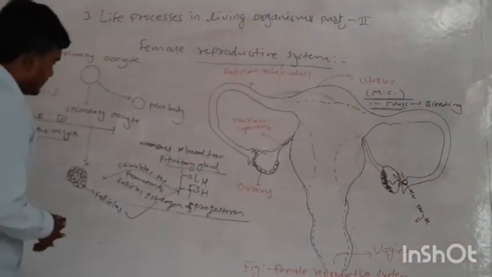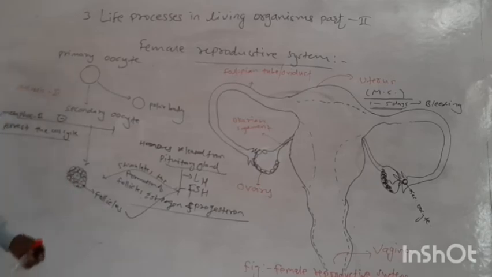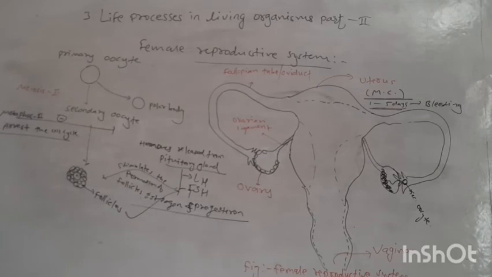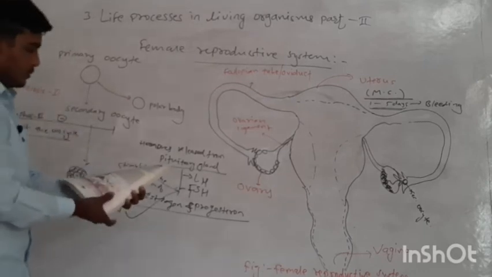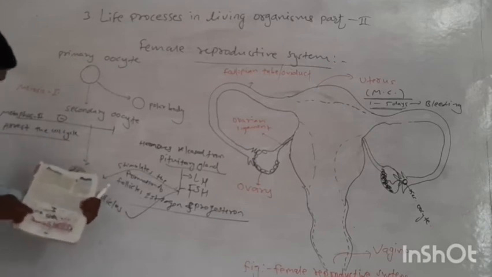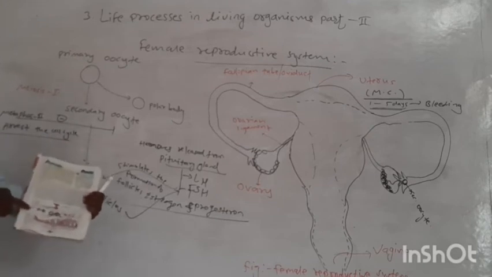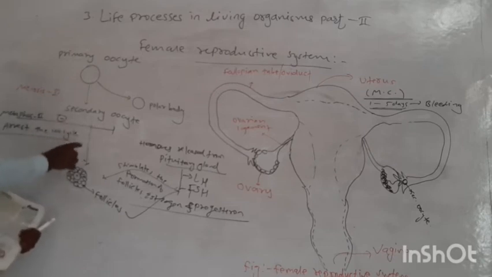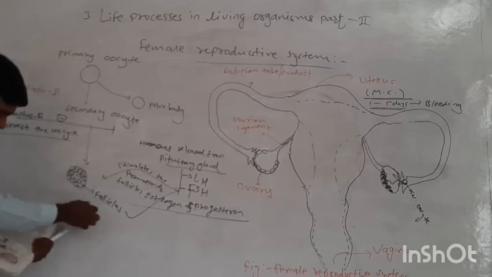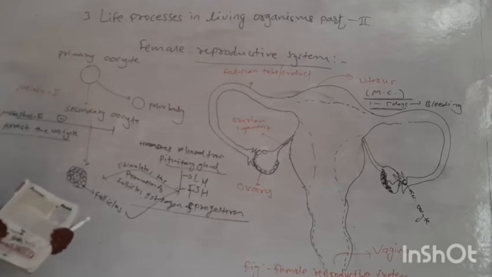Now what happens, these follicles secrete. You can see in the diagram of the menstrual cycle that two processes are represented here. These are the secondary oocytes, and these are the follicles formed around these cells.